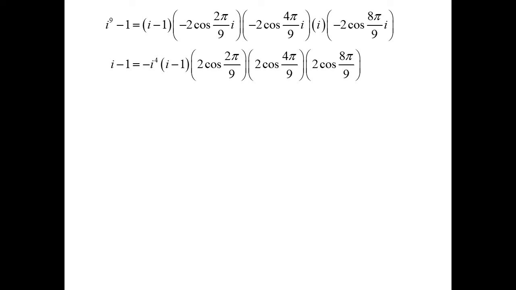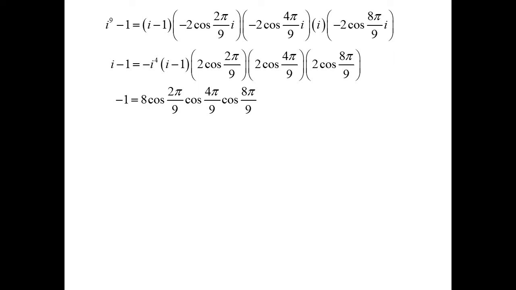So bringing that all out, I've got minus i to the power of 4, and I'm left with 2 cos 2 pi on 9, 2 cos 4 pi on 9, 2 cos 8 pi on 9. Well, the i minus 1s will cancel nicely. I'm left with -1. 2 times 2 times 2, that's 8.